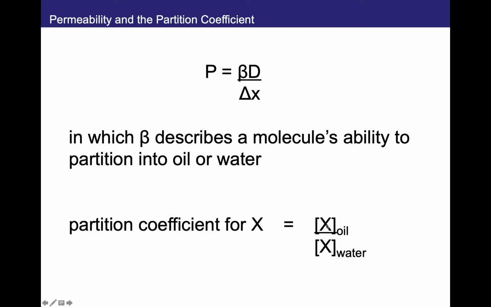It's going to be higher than 1, right? If that particular molecule prefers to be in water, if it's hydrophilic, then basically this equation here will be less than 1, right?